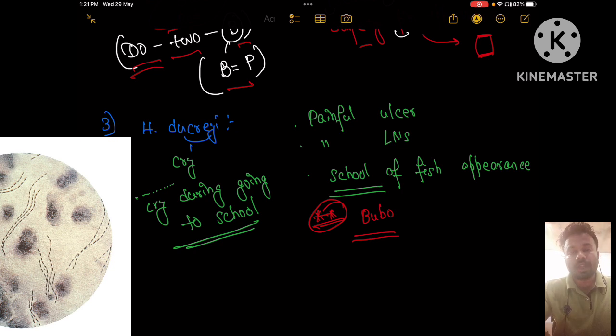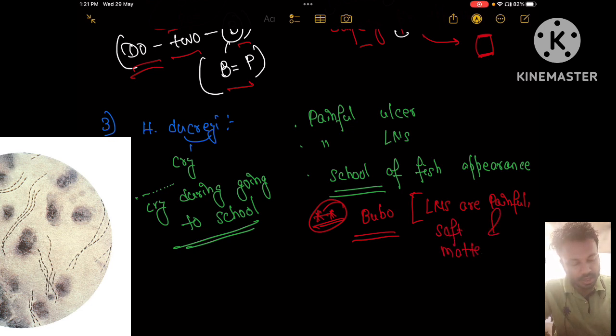Bubo means lymph nodes are painful, soft, and matted together.